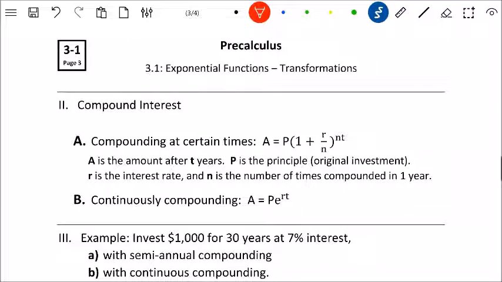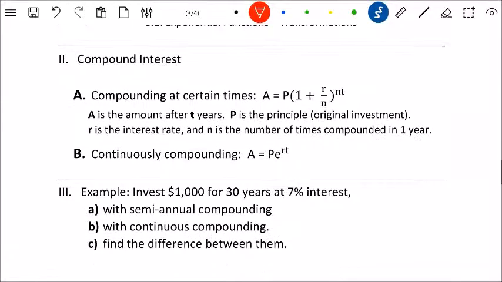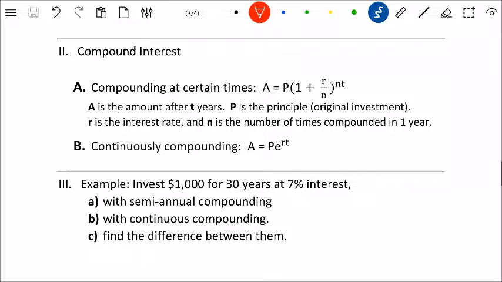We'll take a look at compounding interest. So there are a couple of formulas to use. This one compounds interest. Okay. It can also be where you're losing money, and that would be a negative inside instead of a positive.